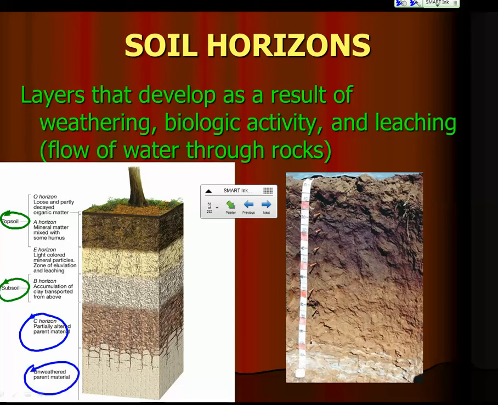And we're going to learn about these horizons in a moment, but I'll just quick sum it up. We have letters here, the O horizon. We're not going to get into too much. That's the very top layer of organic material up here. Then we have our A horizon, our E horizon. We're not going to get into too much too. But B horizon is definitely something that we're going to learn.